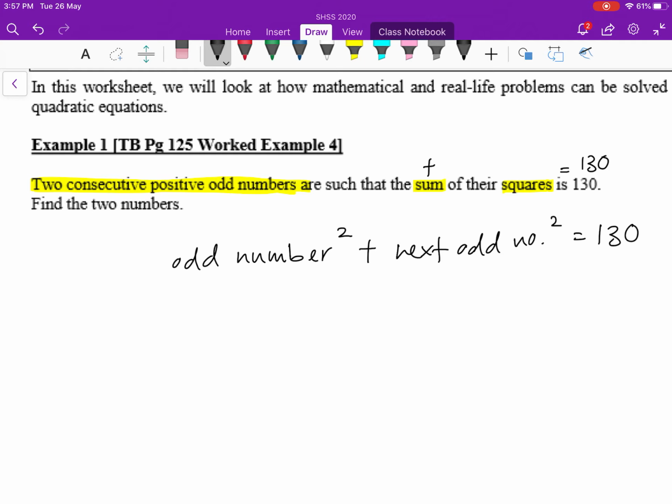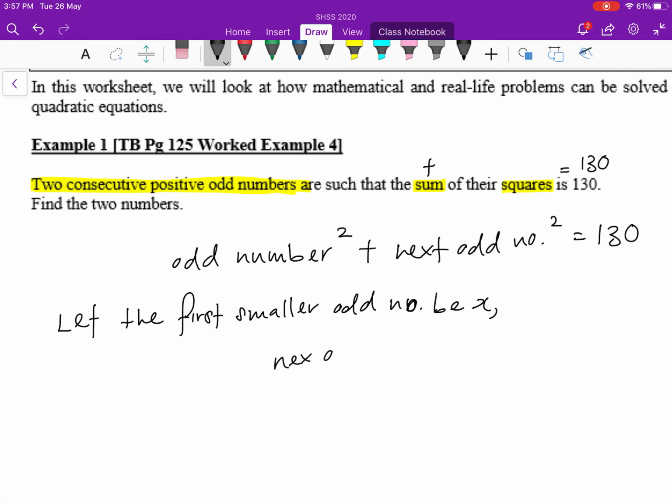But how can we change it to algebra? We can just let the first smaller odd number be x. So if the first smaller odd number is x, the next odd number would be x plus 2.